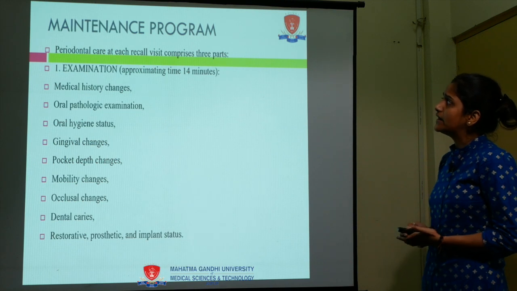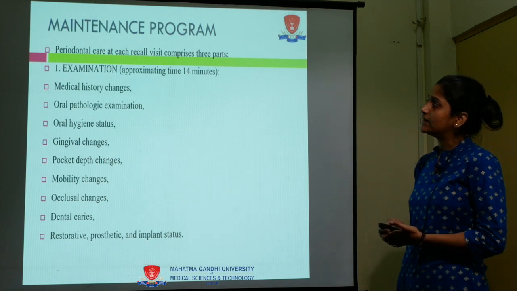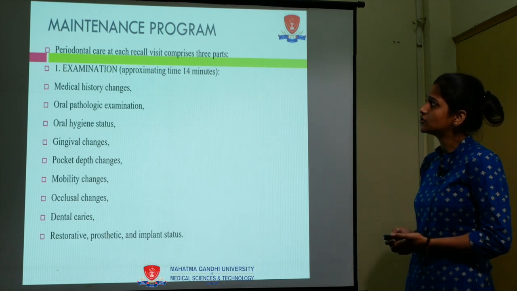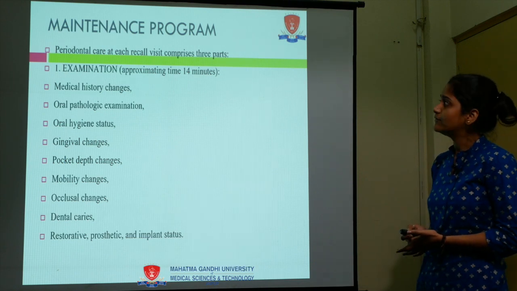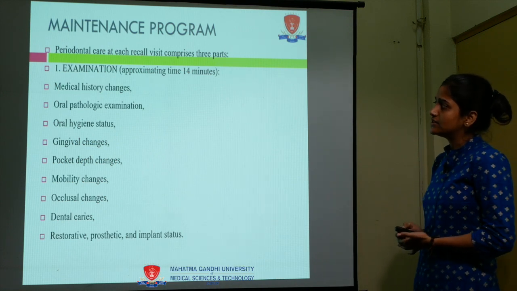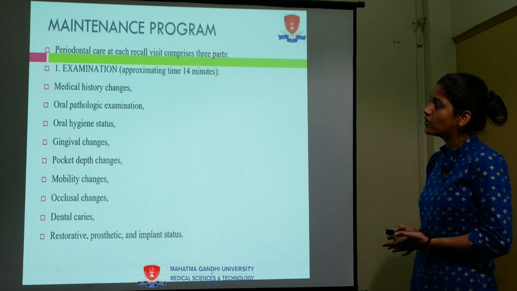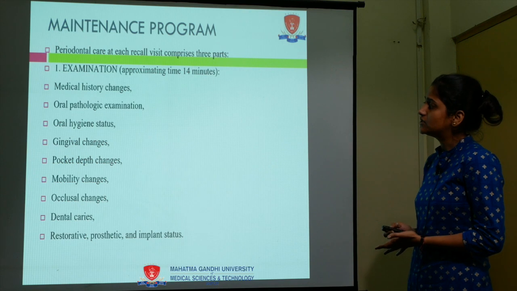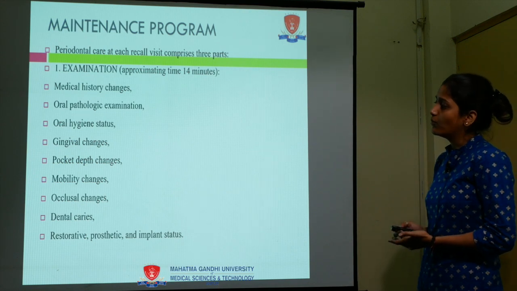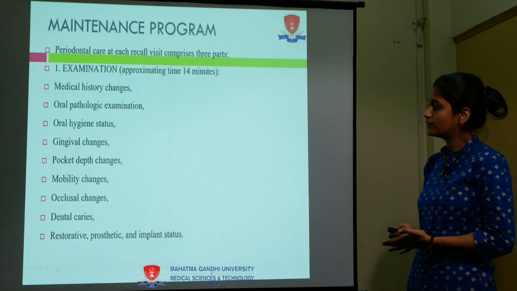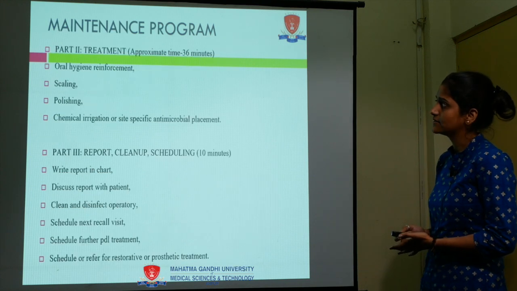So now coming to the maintenance program, periodontal care at each recall visit comprises 3 parts. First, examination, approximately 40 minutes, that includes medical history changes, oral pathologic examination, oral hygiene status, gingival changes, pocket depth changes, mobility changes, occlusal changes, dental caries, restorative, prosthetic and implant status.